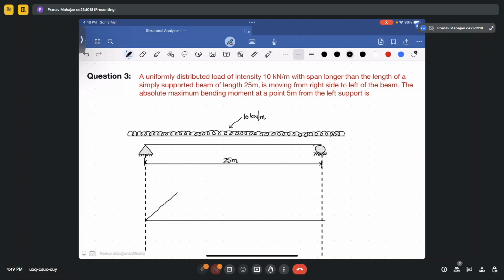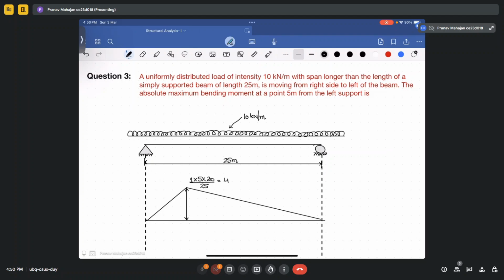So this is 5 meter. What is this value? This value will be equal to 1 into 5 into 20 divided by 25, which is equal to 4. So the maximum ordinate value when the unit load is at a distance of 5 meter from the left hand support comes out to be 4.